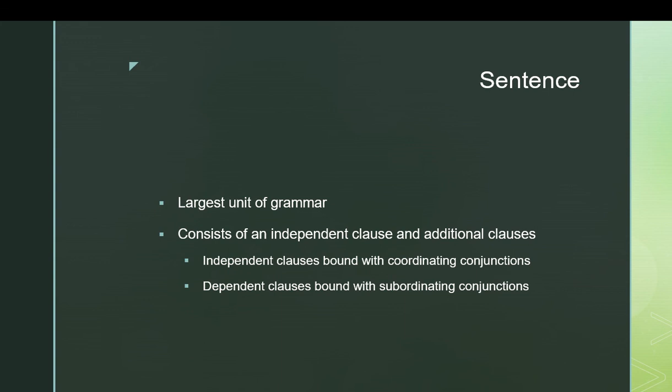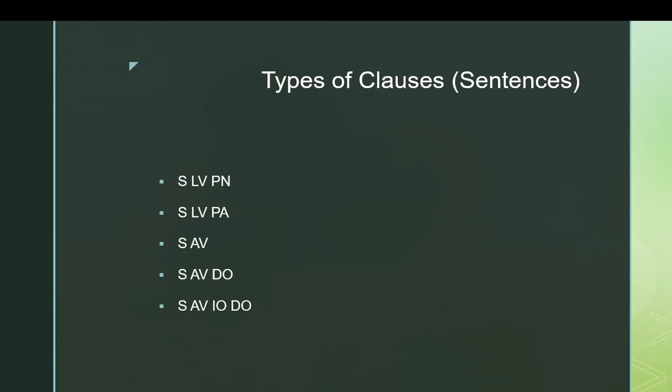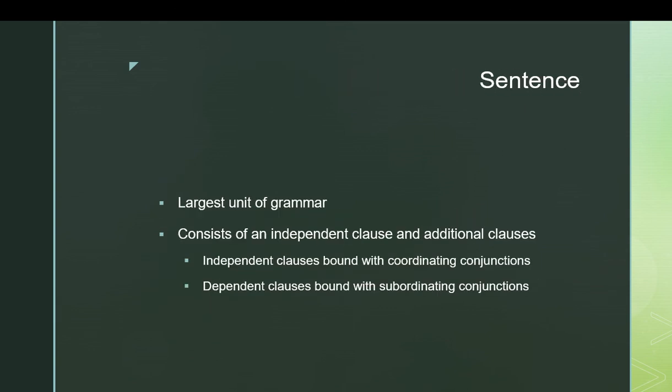A sentence is the largest unit of grammar. It consists of an independent clause, which is a clause that does not have any of those subordinating conjunctions, just one of our patterns like this, nothing else, and some additional clauses. Additional clauses are not mandatory, but they do often appear.